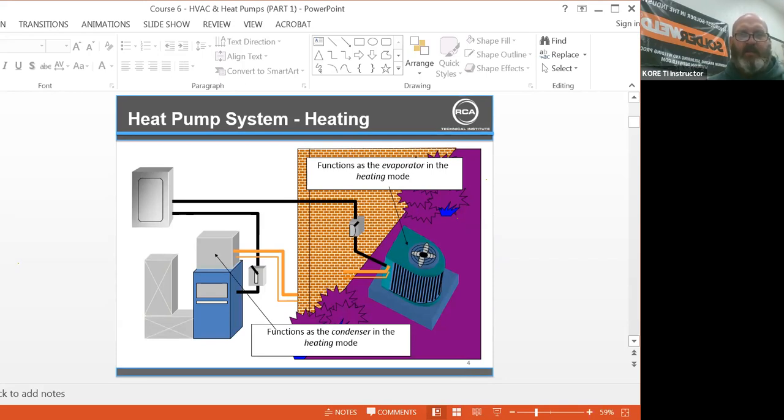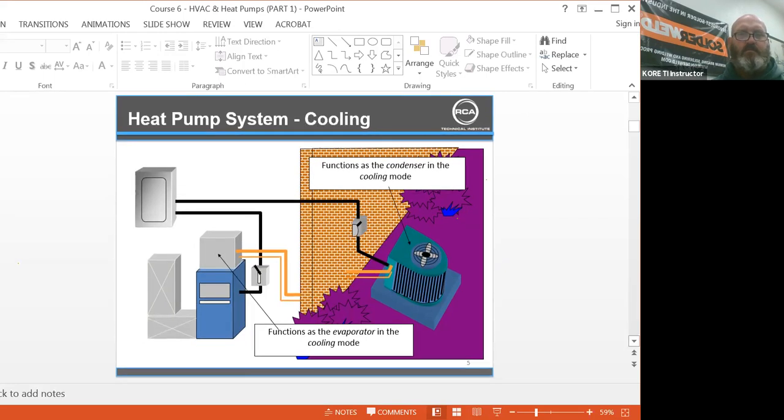In heating mode, the condensing unit functions as the evaporator, and the indoor section functions as a condenser. In the cooling mode, the condensing unit obviously functions as a condenser, and the indoor section functions as the evaporator.